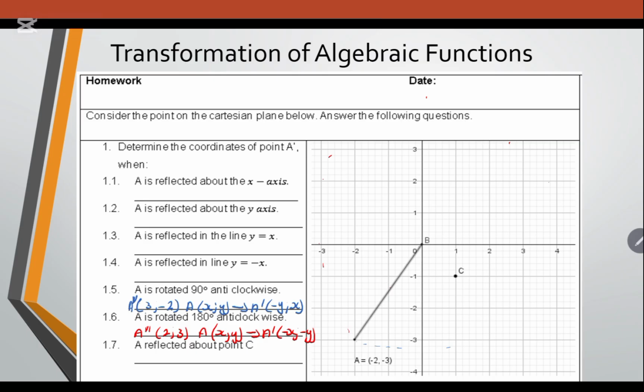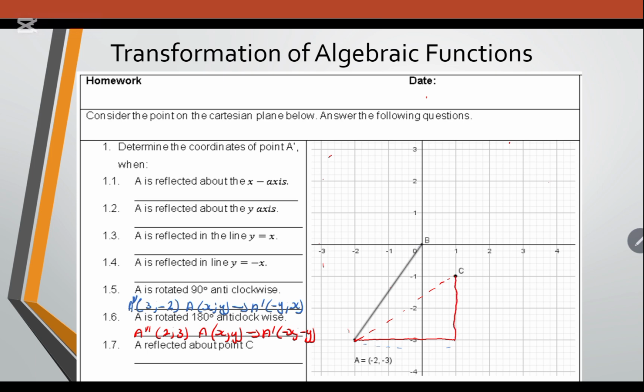You simply measure the distance from that point. So we are reflecting point A through C. So there is C. Now, how do we deal with this line? I simply look for the horizontal distance and the vertical distance through the point.